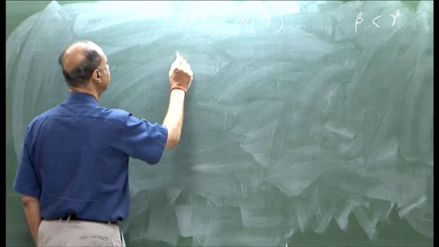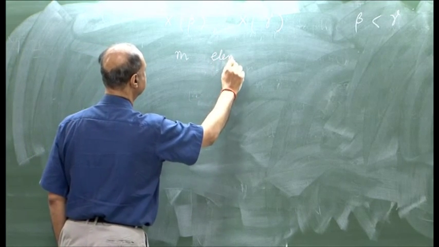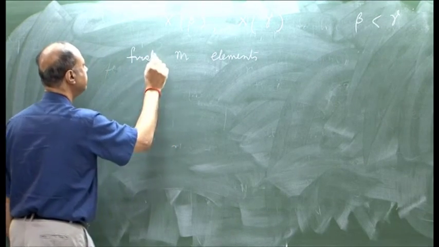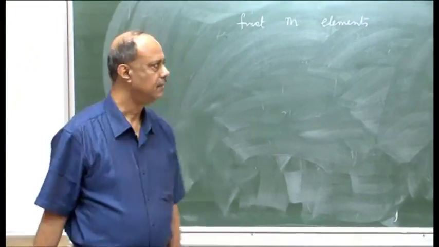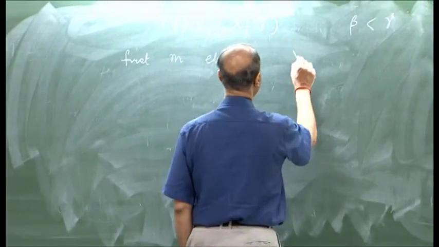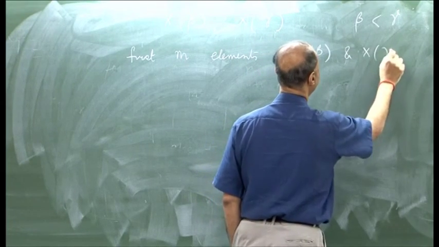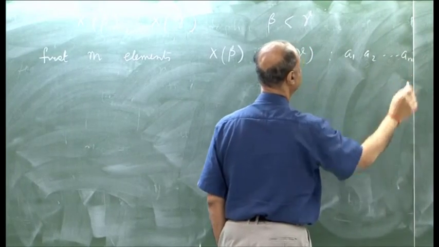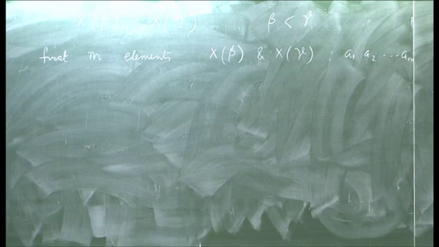Let us assume that both of them have generated the first m elements, and say the first m elements of x beta and x gamma are A1, A2, up to Am. Right?